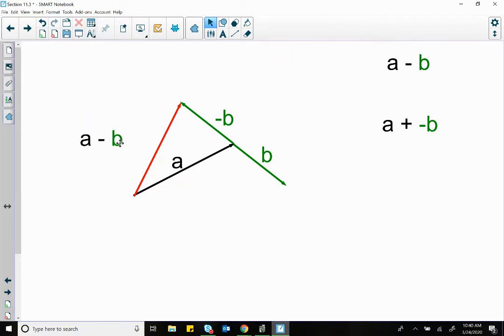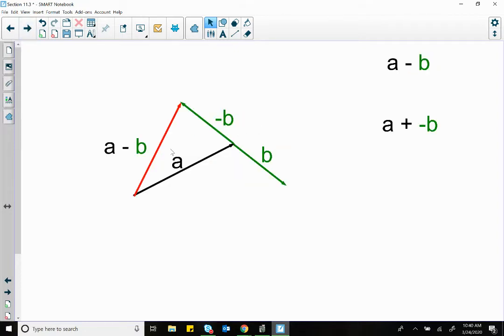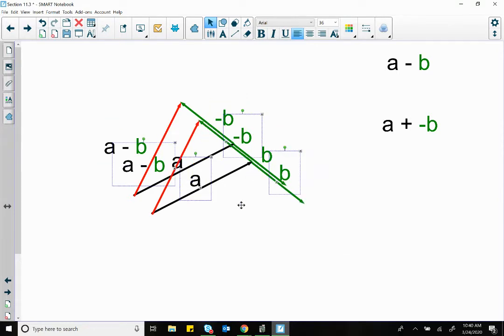Just like what we did before. We just had to generate the opposite vector first. And then now you do the same thing that we just talked about. We can pick up at the end of the vector with the other that's being added on. So see, we did our vector A, and then we picked up with the opposite vector. Or, again, we can clone this. Clone. We'll move this down.